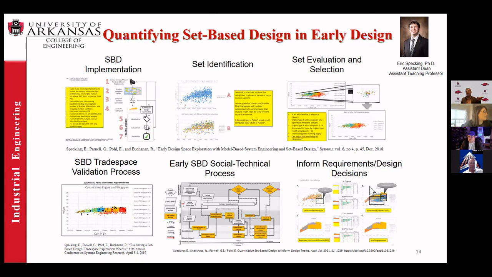It's using the life cycle cost as the x-axis and the multiple objective system performance as the y-axis. But really, you could do multiple parameters. It depends on how you want to look at it.